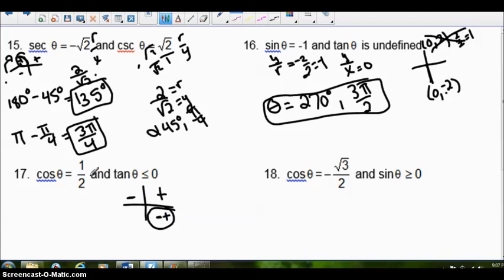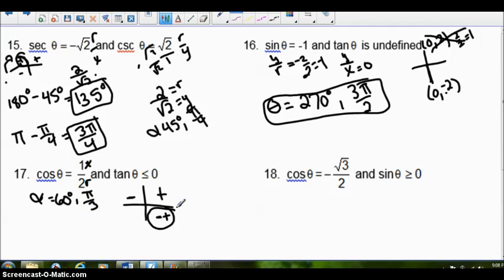Okay, so now we look. Cosine is x over r. So where is x 1? That would be at 60 degrees. So our reference is 60 degrees, or pi over 3.